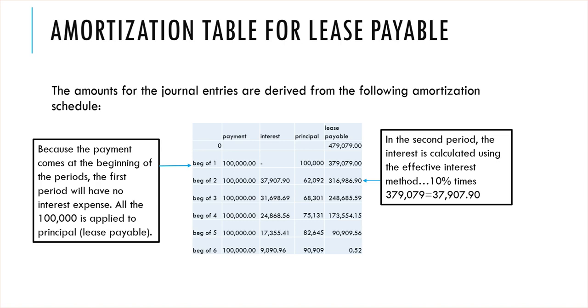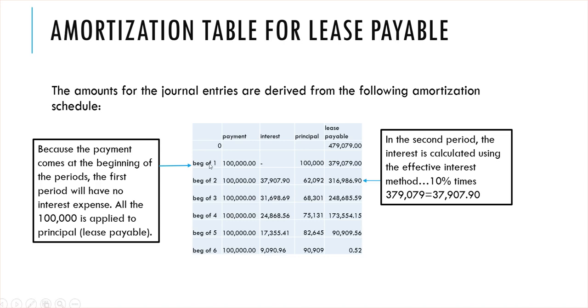Now we're going to look a little bit at a table because it's important for you to know the table. Sometimes I say 0, 0, 1, 2, 3, 4, 5. Now when we looked at this, we said it was 6 periods, right?